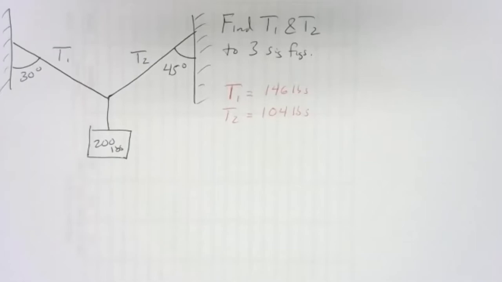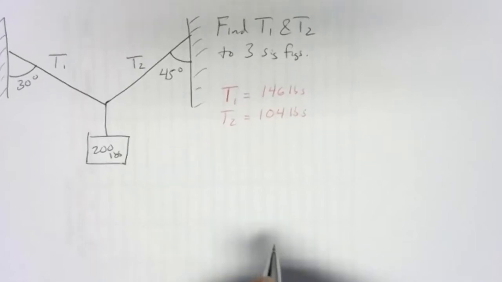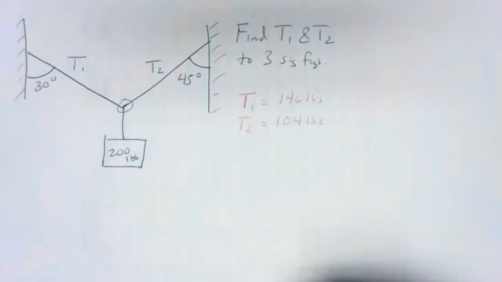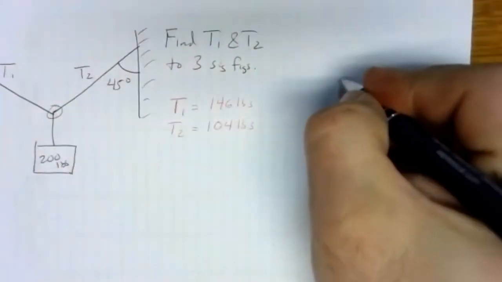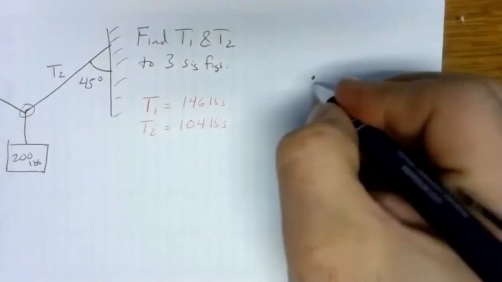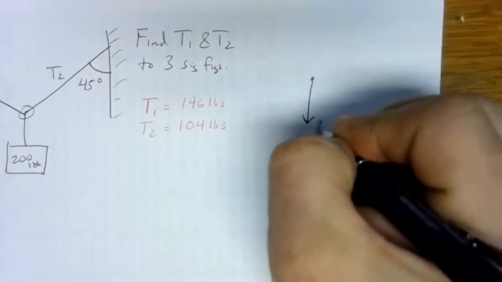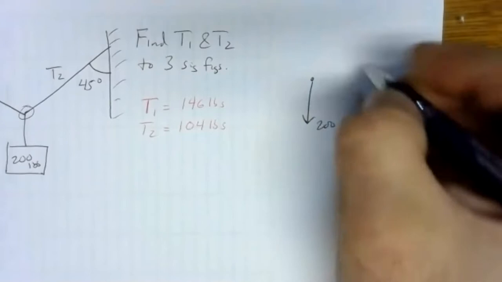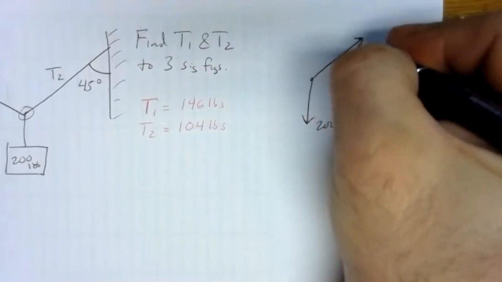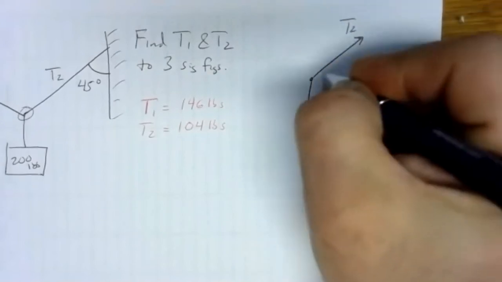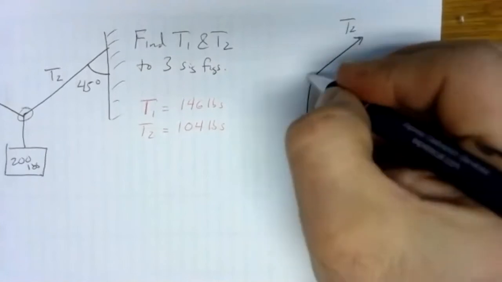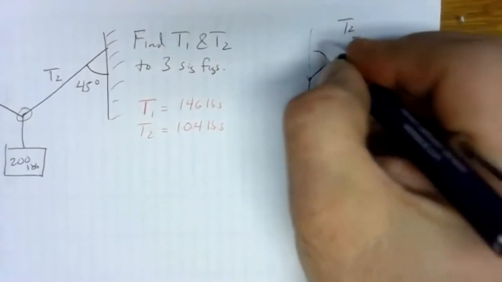So let's draw our free body diagram. So again, we're drawing the free body diagram of that point. So we'll do that over here. We've got 200 pounds down. Up and to the right, we've got T2, and that's at a 45-degree angle, again, to vertical.